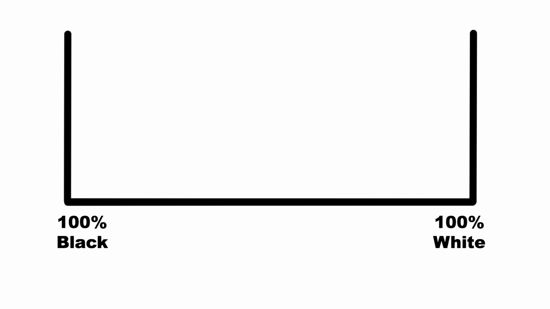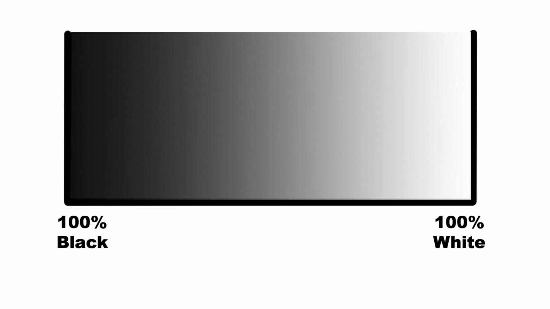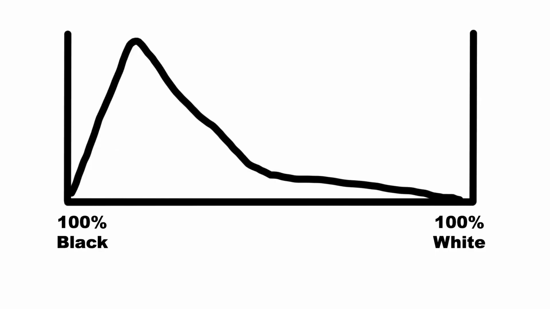And then basically moving from left to right, you go through shades of grey, from completely black all the way through to completely white. And if you have an image that has got a lot of dark areas in it, then you will see peaks or bulges towards the left hand side of the histogram.